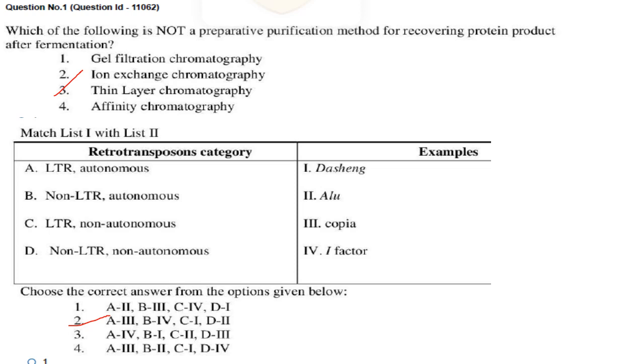So LTR and autonomous, A3 copia; non-LTR and autonomous, I factor, B4; LTR and non-autonomous, C1 dashing; and non-LTR and non-autonomous, D2, that is ALU. So the answer here is option 2, that is A3, B4, C1 and D2.